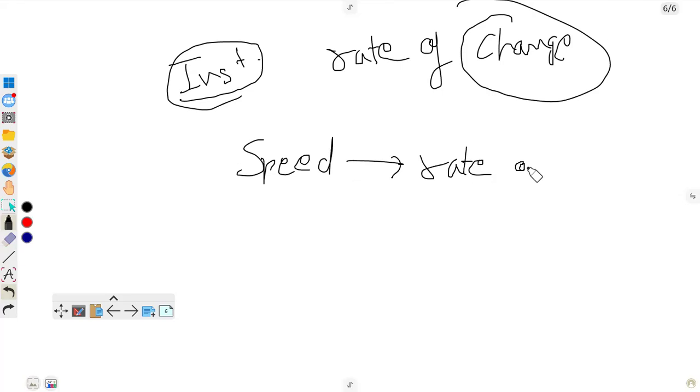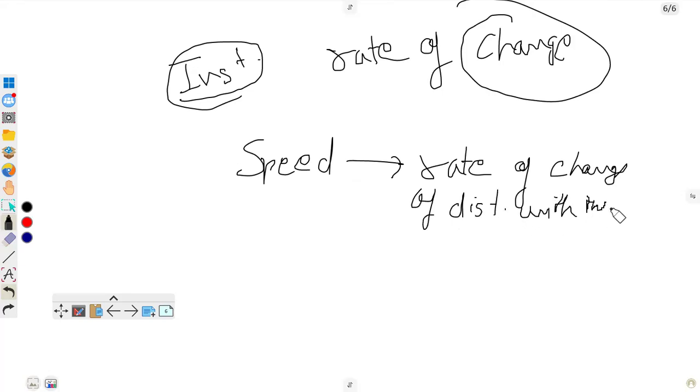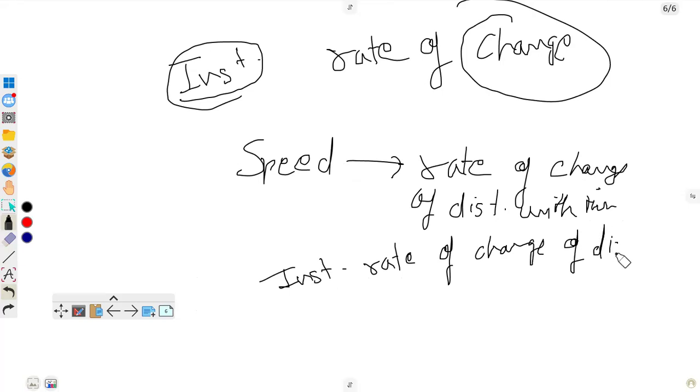Rate of change of distance with time, right? And we said कि हमें instantaneous speed निकालनी है. So that means हमें instantaneous rate of change निकालना है of distance with time. अब अगर speed change हो रहा है तो वो instantaneous कैसे? There must be a time interval associated to it. Can any one of you guys tell me?